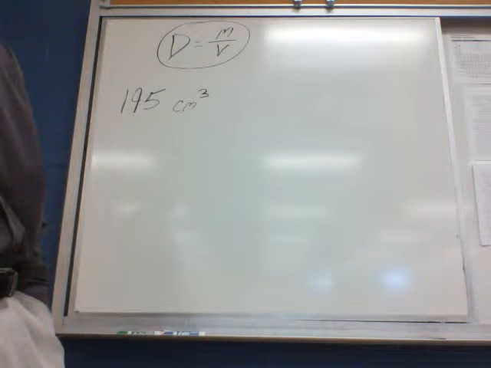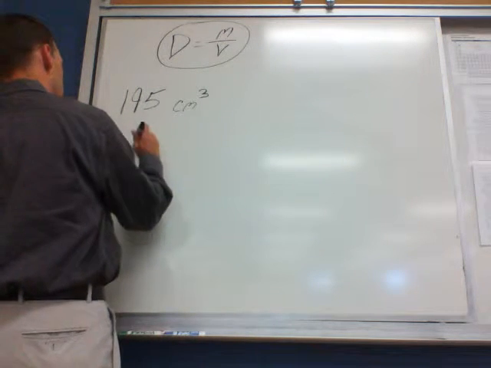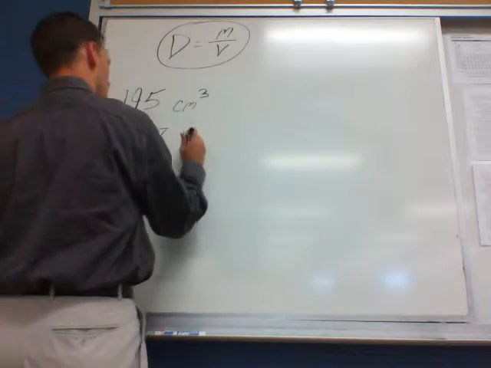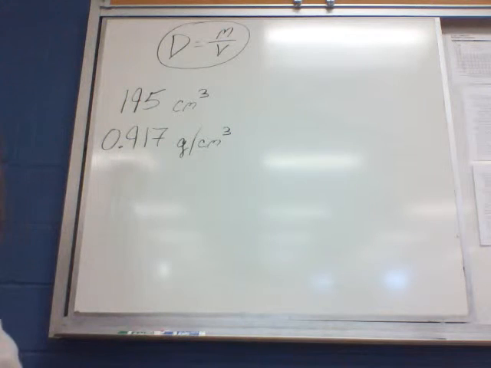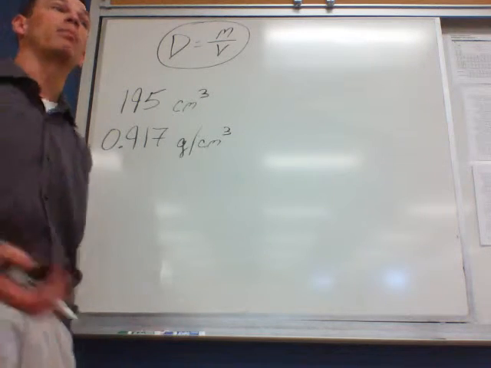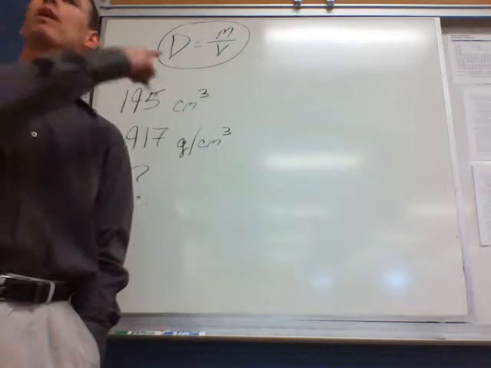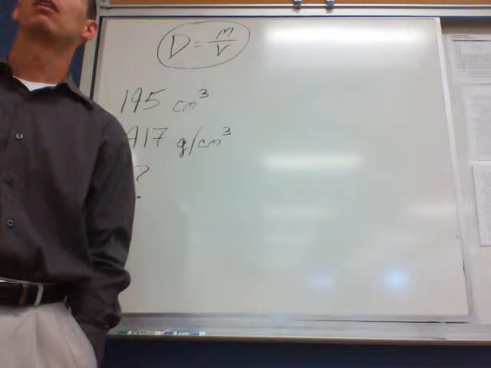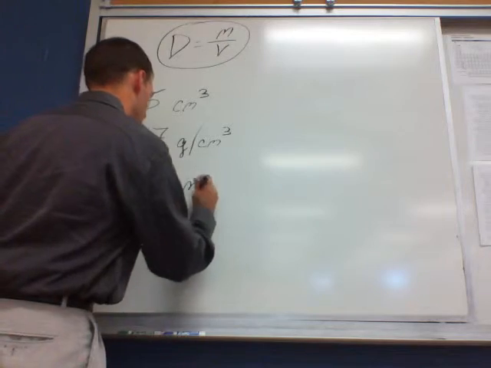The second number I see is 0.917 grams per centimeters cubed. That's all the numbers in the problem, so I want to identify what we're trying to find. What does it say to find? Mass. It says, what is the mass?